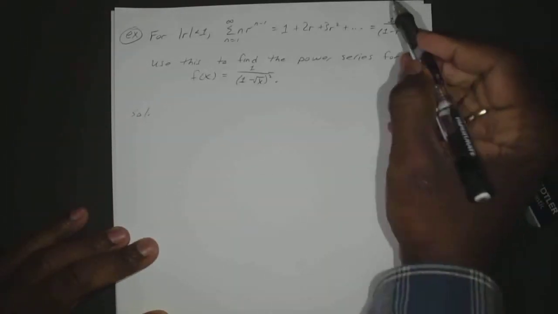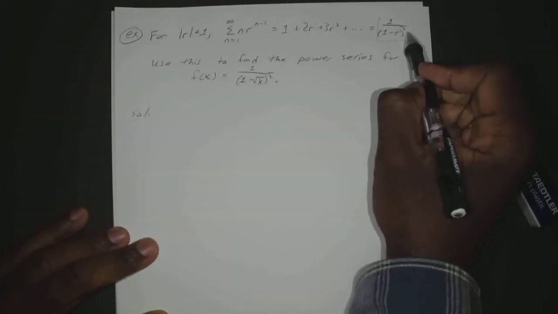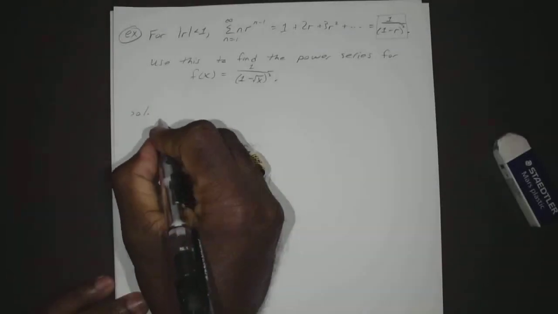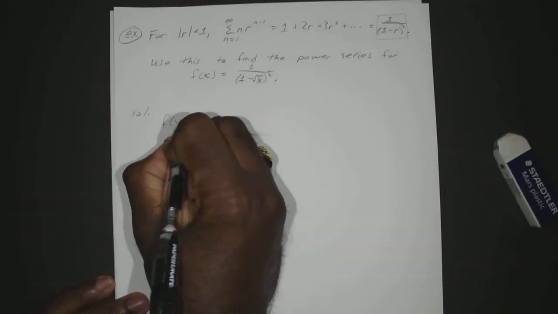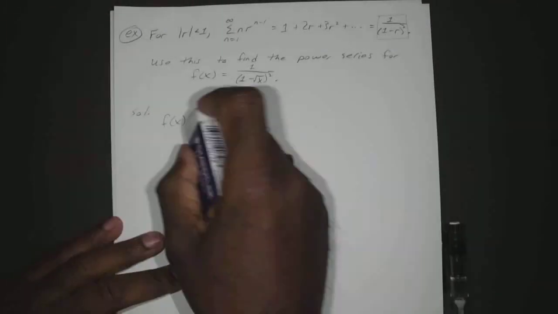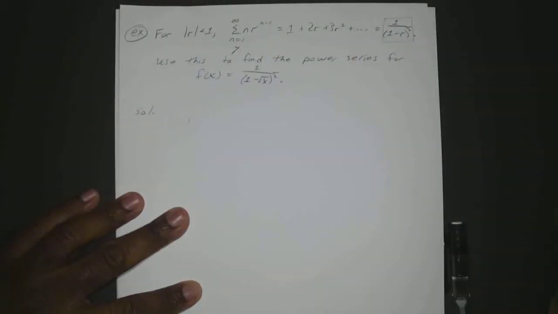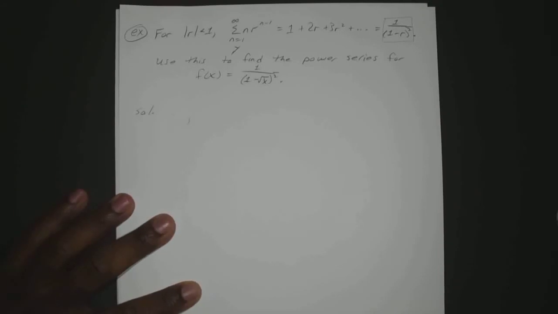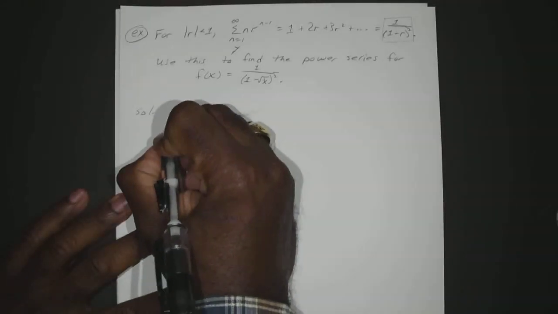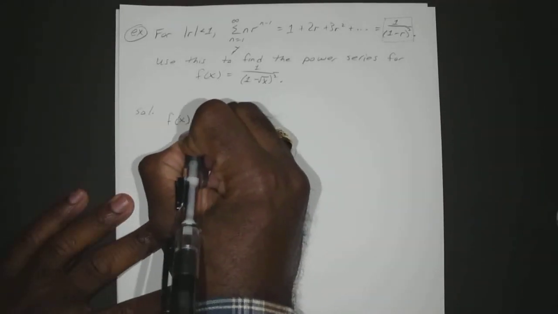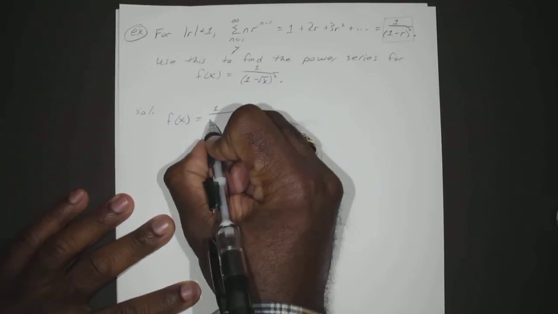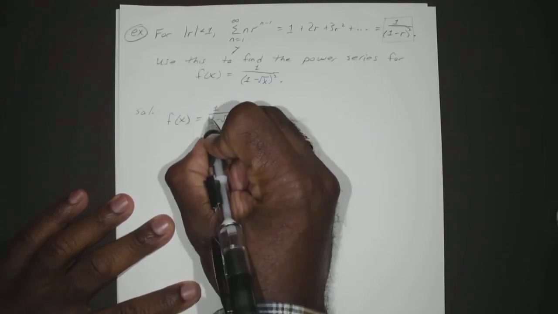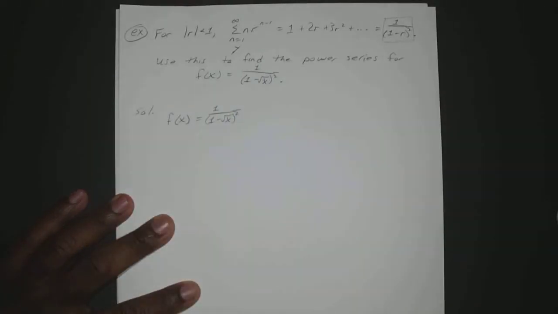Okay, so for this one, our goal is to match that series. So f of x equals 1 over 1 minus square root of x squared.